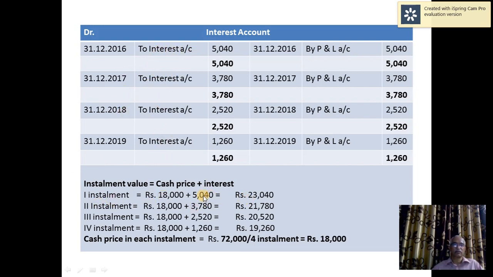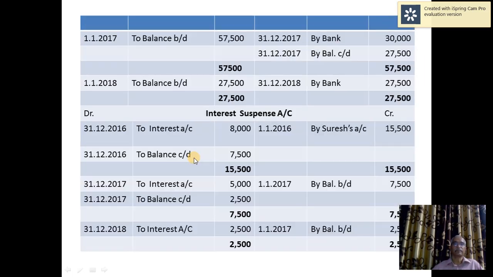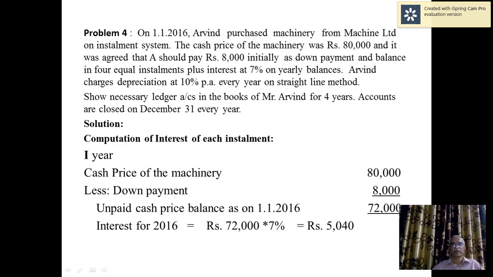Okay, you see how each installment is calculated. First installment 18,000. How did you get 18,000? So total amount, from that you are deducting down payment. 80,000 is the total cash price.